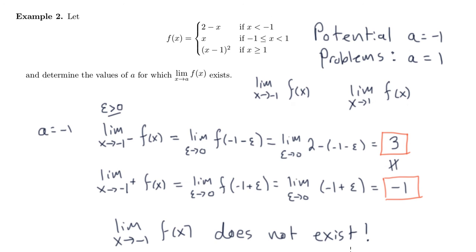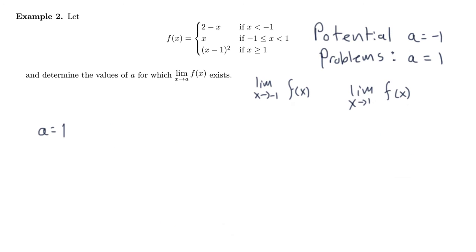So next, let's look at a equals 1. Okay, so same problem. Now we're just looking at a equals 1. We've already found that as x approaches -1, this limit does not exist. So what about as x approaches 1?